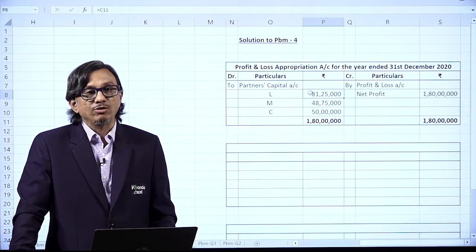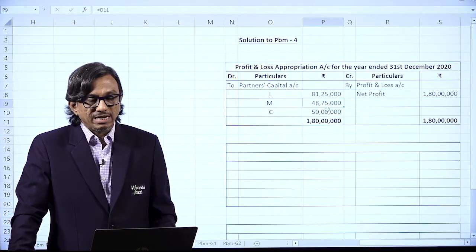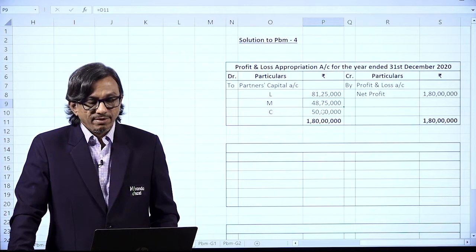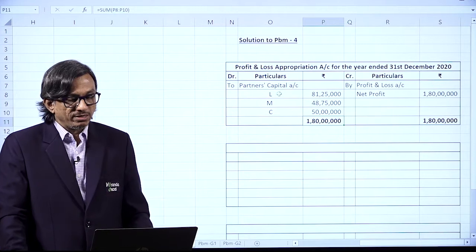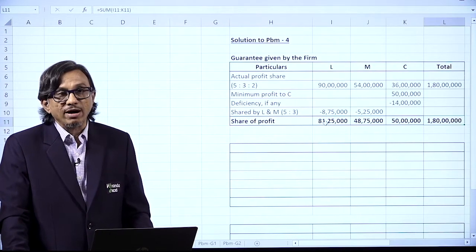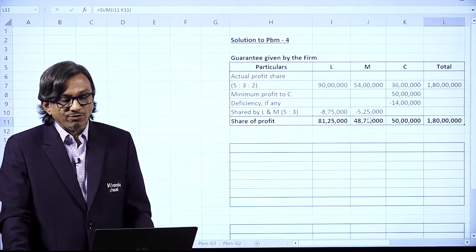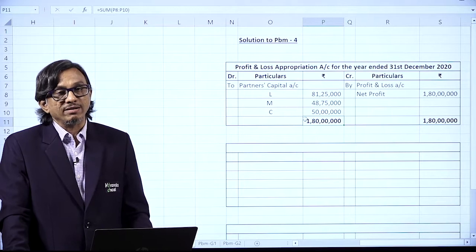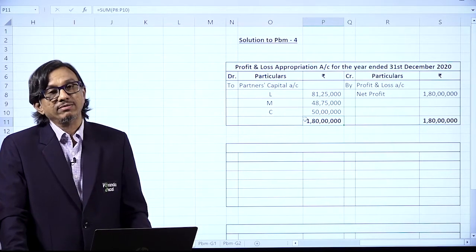L share is 81.25, M share is 48.75, and C share is 50, total 180. How did I get these numbers? I got these numbers from here: L 81.25, M 48.75, C 50. That is how the total profit of 180 lakhs is shared by the partners.